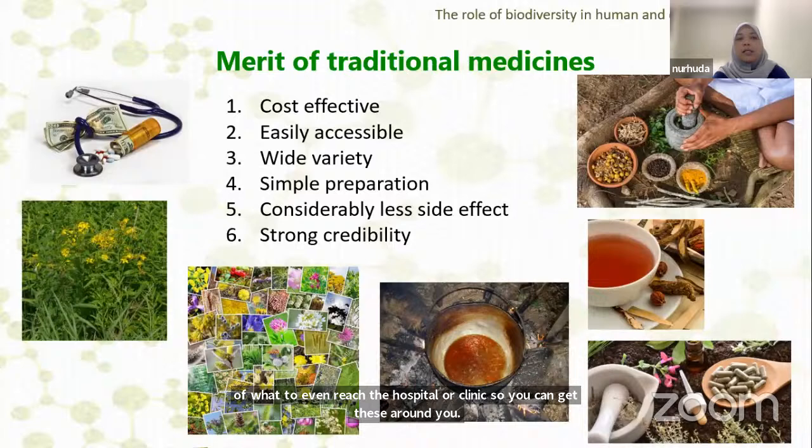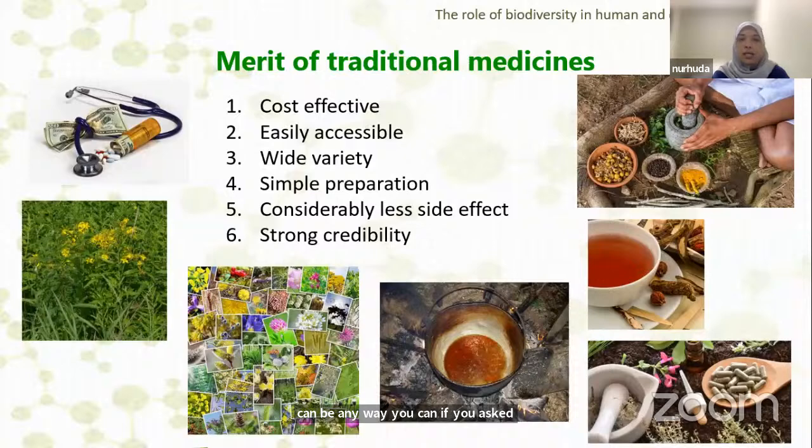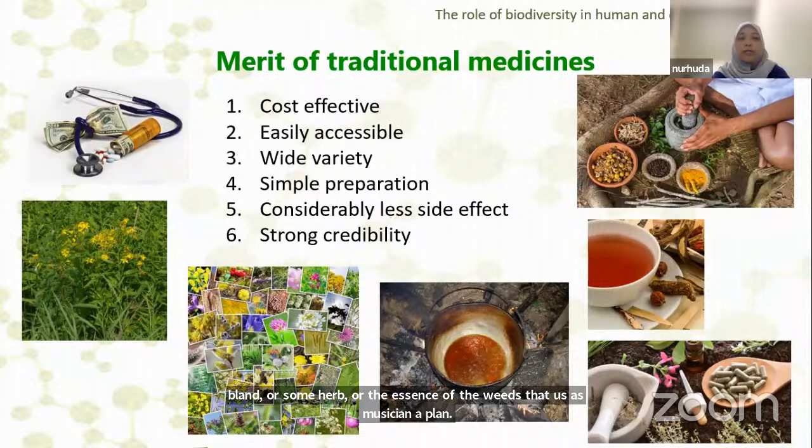And the second one is that it is easily accessible. It can be anywhere. If you are staying in the countryside, you can go to the woods and pick some plant or some herb, or there are also some weeds that are used as medicinal plants. The variety is very wide.